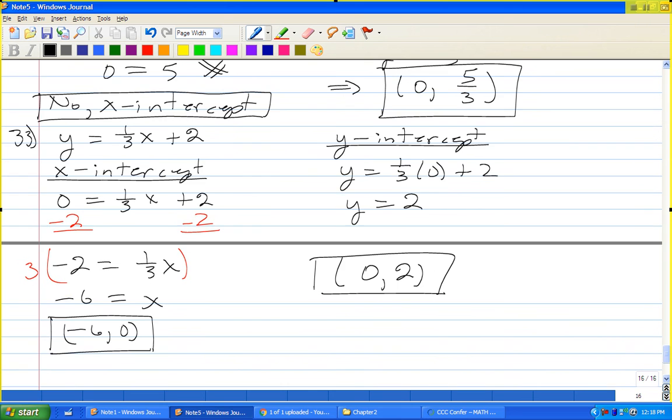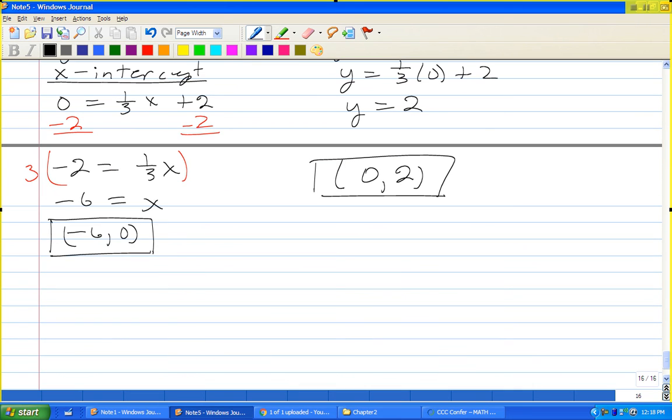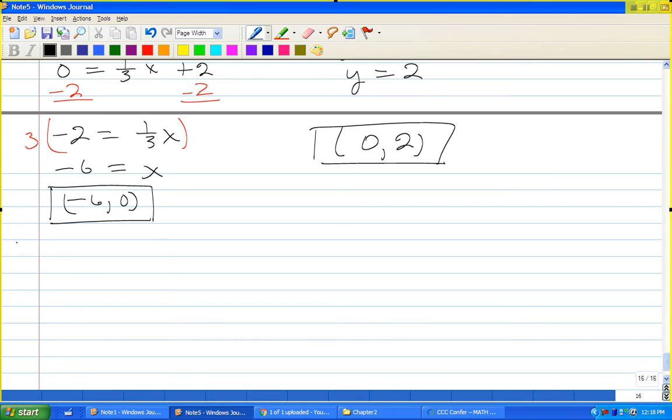Okay. Let me do problem number 35. Y equals 2/5 x plus 1. So let's find the x-intercept.